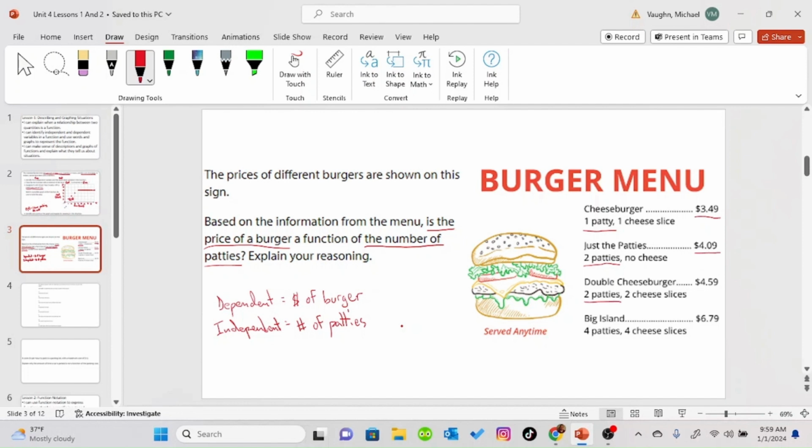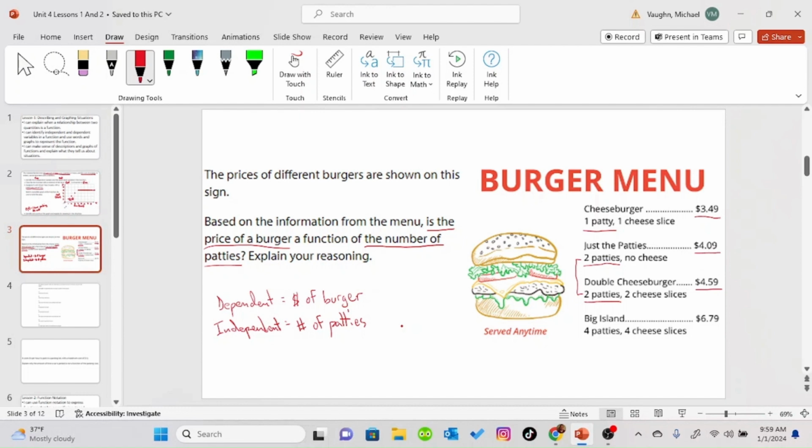Now we look at the next one. 2 patties, that's my independent variable. $4.59. That's my dependent variable. But now you'll notice I have the same independent variable, 2 patties, but now I have 2 separate dependent variables.